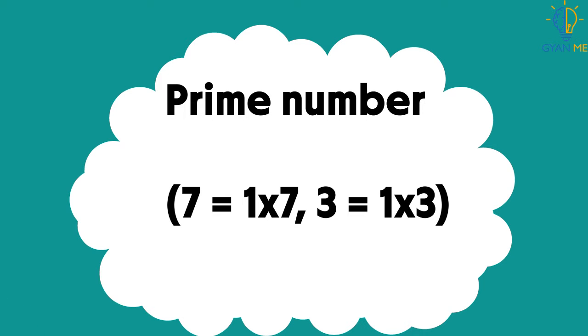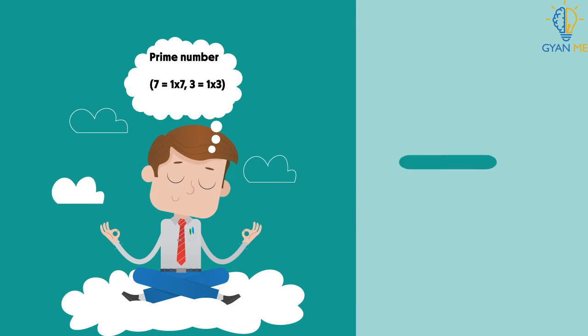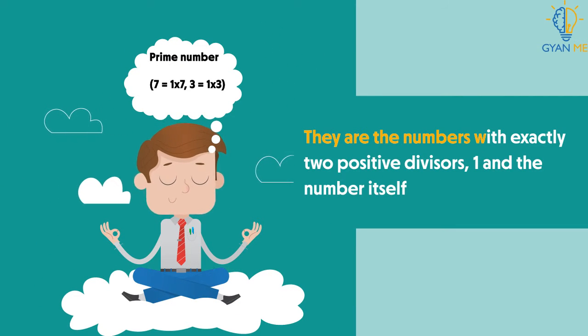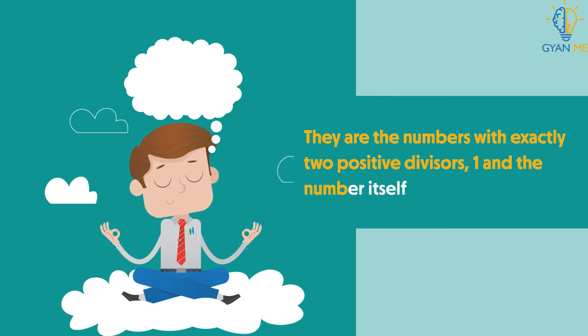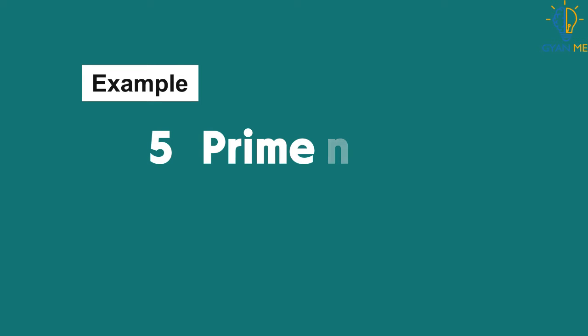An alternate but equivalent definition of prime numbers is that they are the numbers with exactly two positive divisors, 1 and the number itself. For example, 5 is a prime number as it can be written as 5 equals 1 into 5, or 5 is divisible by 1 or 5 itself.